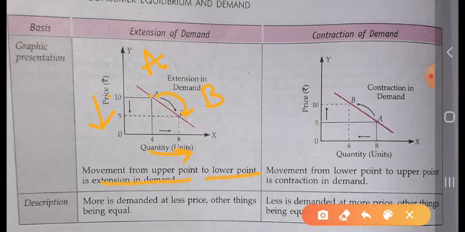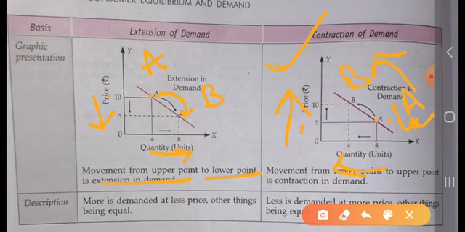In the case of contraction of demand, when the price is 5, the consumer is consuming 8 units of the commodity. When the price rises from 5 to 10, the consumer is consuming less of the commodity. When the price is 5, the consumer is at point A, and when the price becomes 10, the consumer moves from point A to B, so it is movement from the lower point to the upper point.